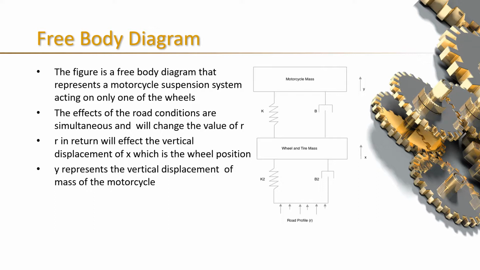And under the wheel and tire mass, you have another spring and damping system. The spring is very small. It's mostly a damper for the most part. After the spring and damper, you have a road profile, which is represented as R. Now, the road profile can change at any time and at any minute.